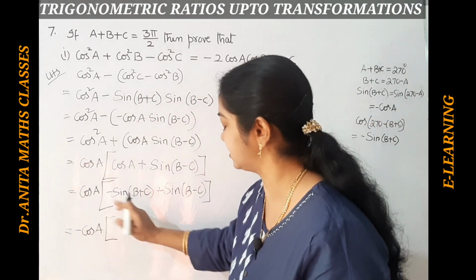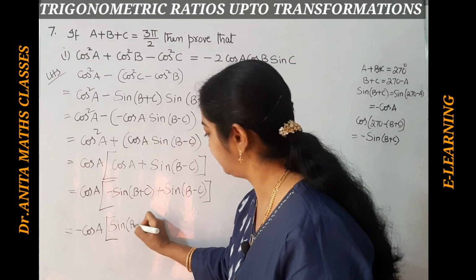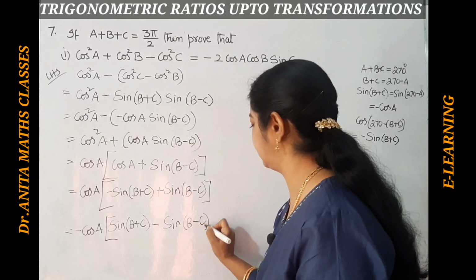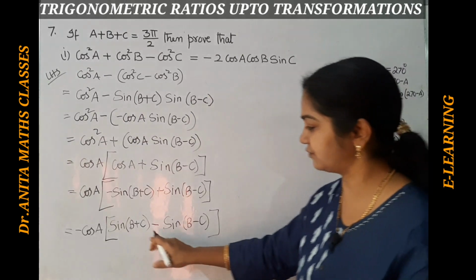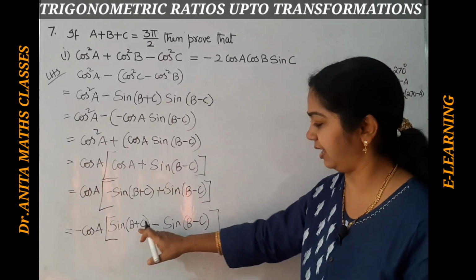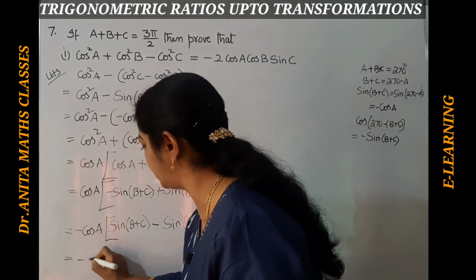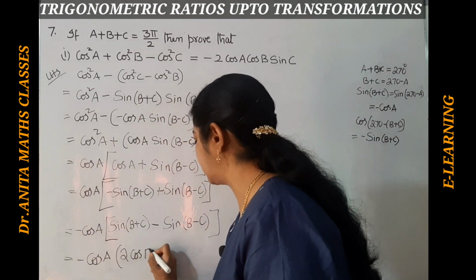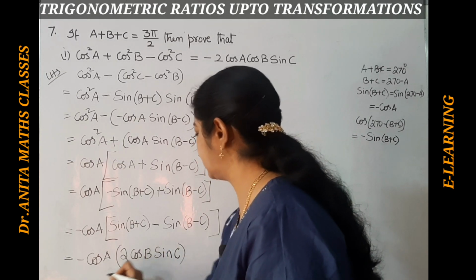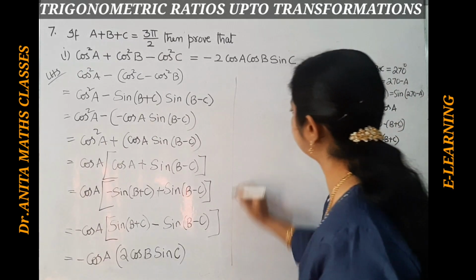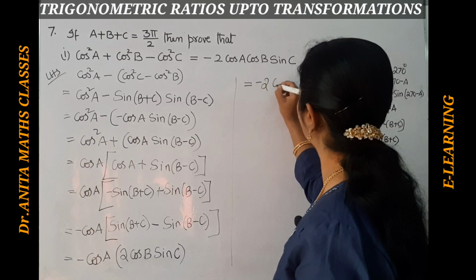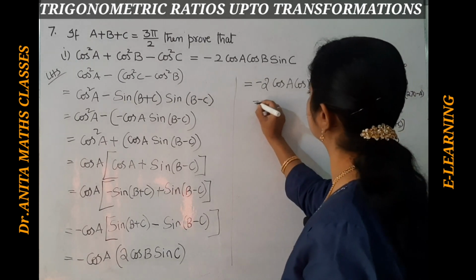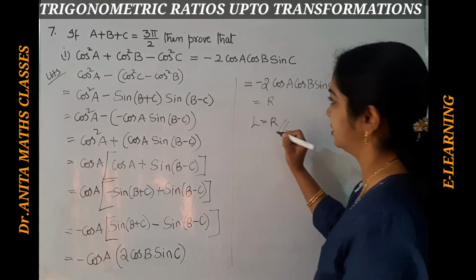Minus cos A. If you are taking minus here, this becomes sine of B plus C minus sine of B minus C. In the transformations formula, sine A minus sine B, this becomes minus of cos A, and using the transformations formula we can write it as 2 cos B sine C. This is the RHS part, so this is minus 2 cos A, cos B and sine C. This is the rough part, this is equal to the RHS. So our LHS is equal to RHS. So please pause the video and note it down.